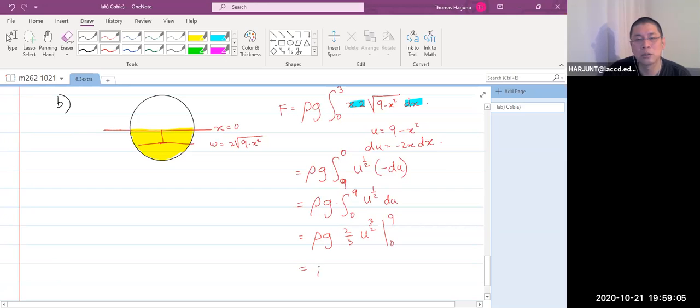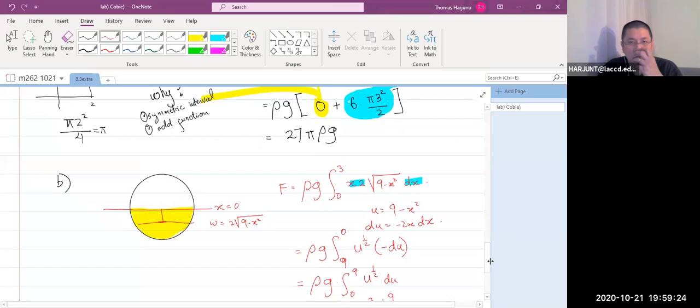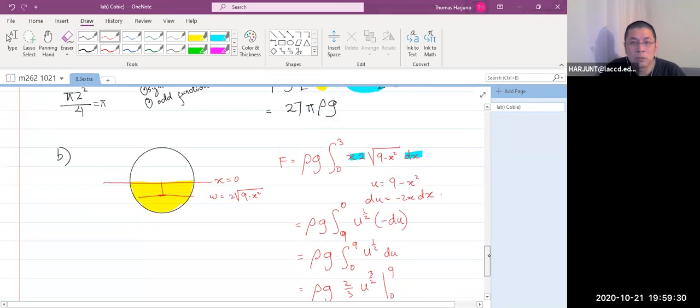That's rho g 2/3 times 27. So that's 18 rho g. No pi. Surprise, no pi.